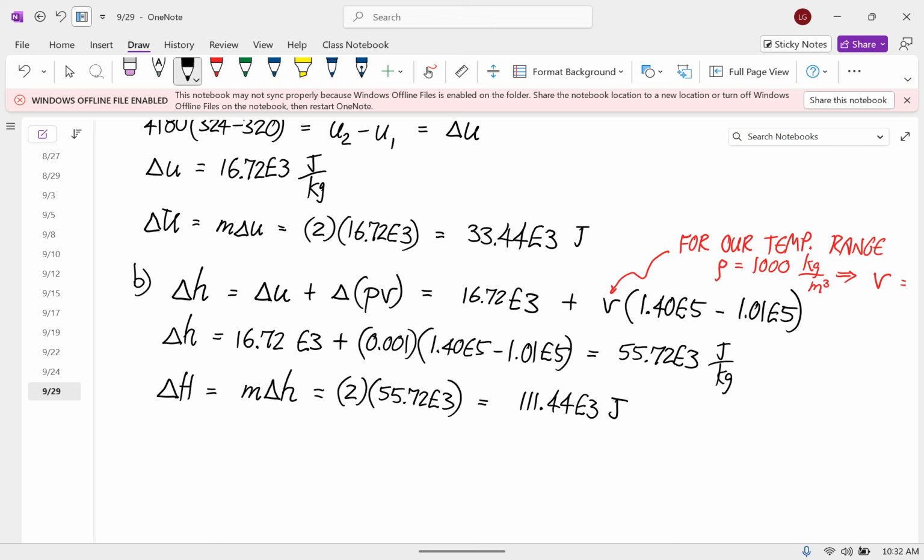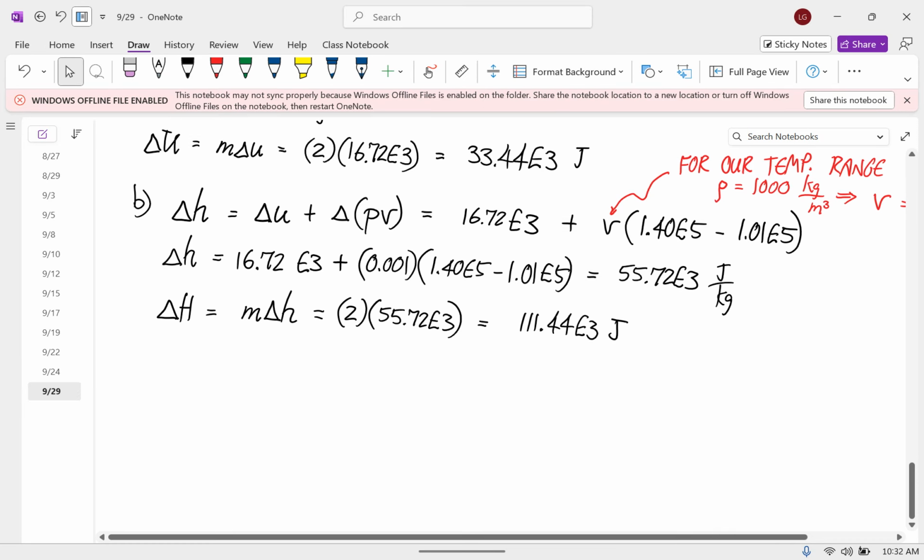Okay, this is a simplified model. We're assuming that there's no change in density or change in specific volume as this process takes place. That's not exactly true, but it's very close to true. And so let's look it up on the website and see what it says about these values. Okay.